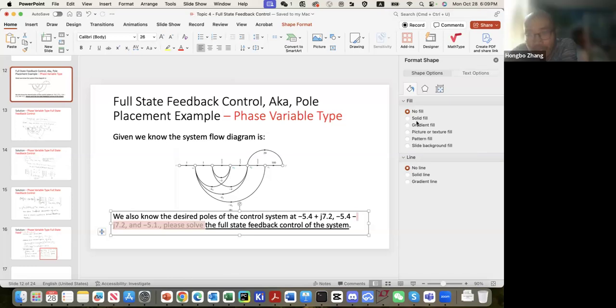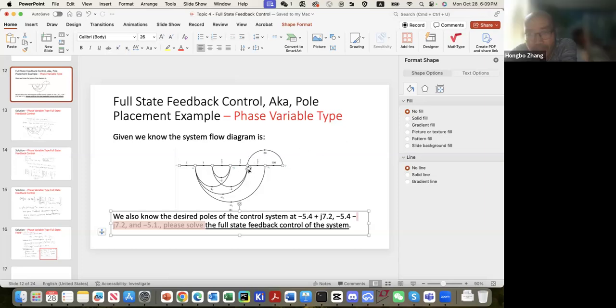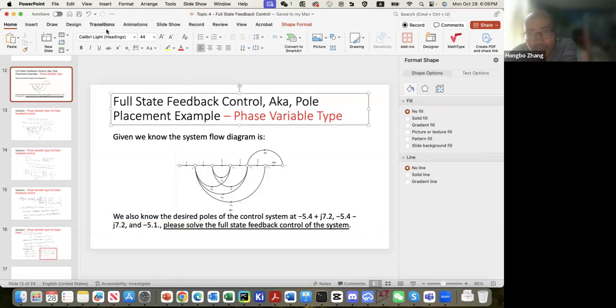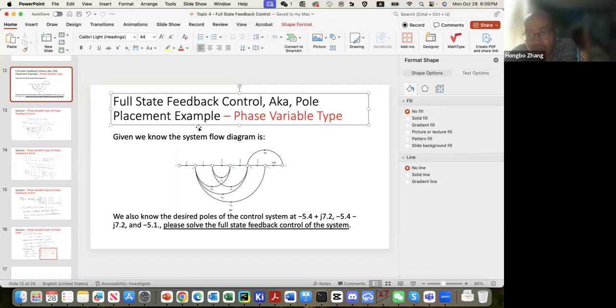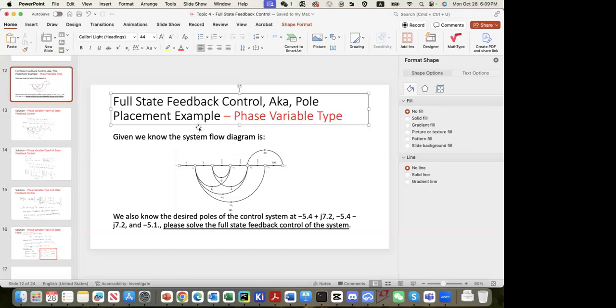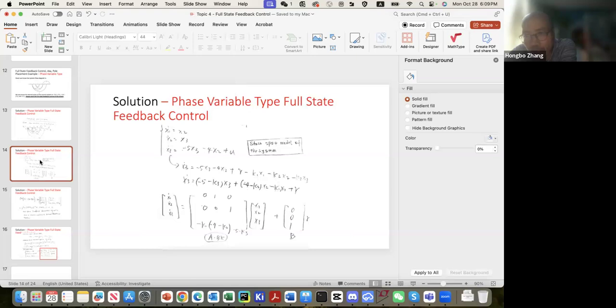Ahmed, you follow well? Do you follow this example here? This is chapter topic 4, pole placement. Abdullah follow as well? Right, this is for example. Then next class I'll ask you to solve it almost immediately in the class, okay?